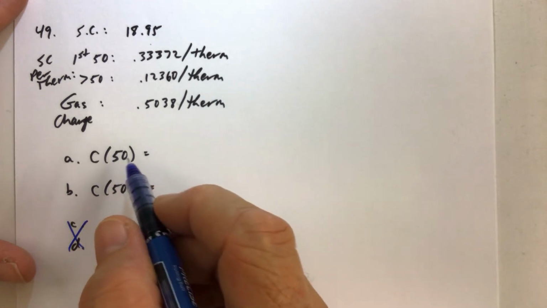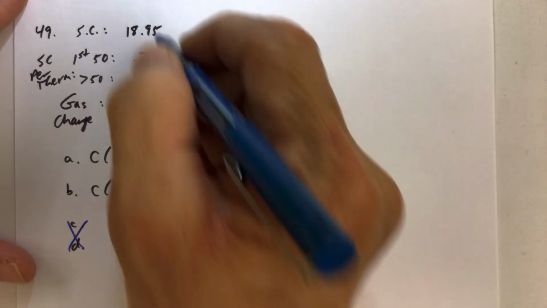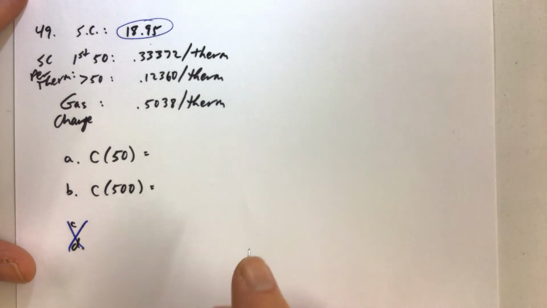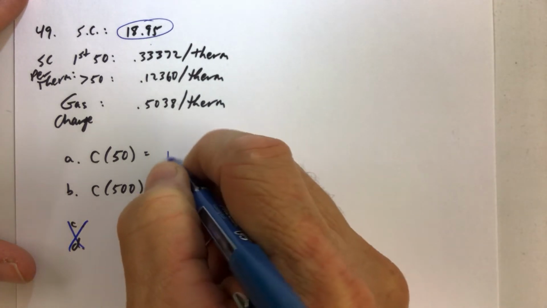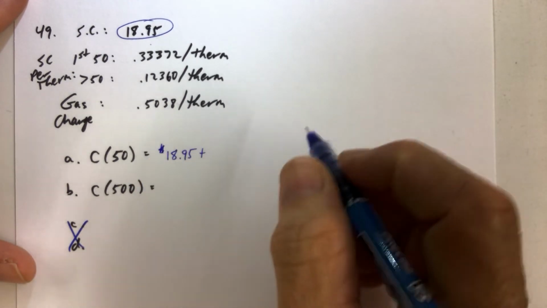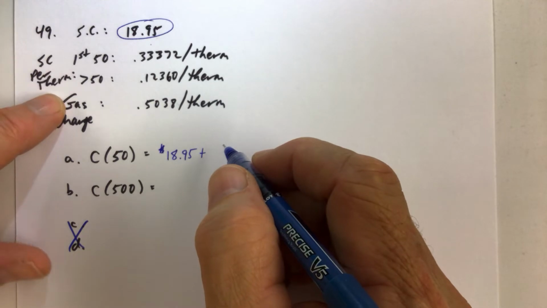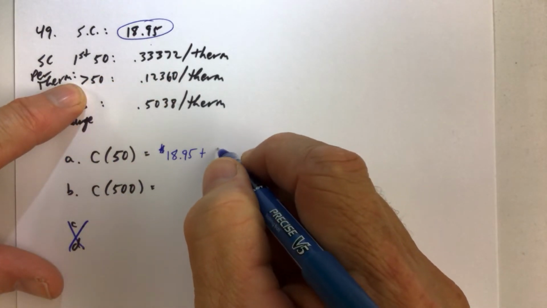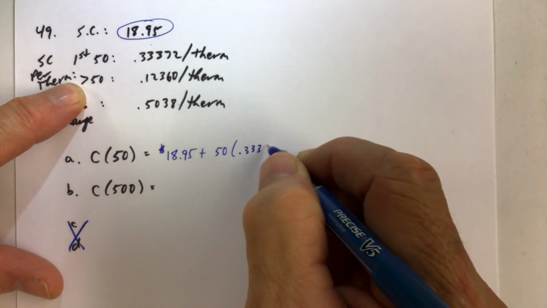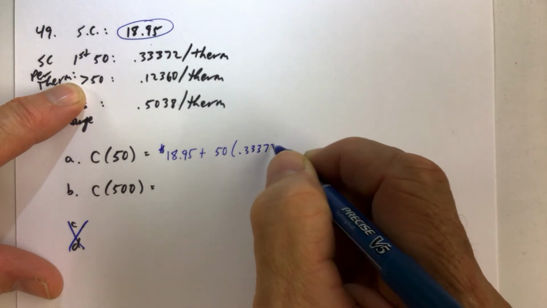So for the first 50, first of all, we have a service charge. This is the cost of natural gas. Service charge of $18.95 no matter what. So you're going to have $18.95. That's the service charge. Plus you have the first 50 therms. You're going to be paying at a rate of 0.33372 dollars.